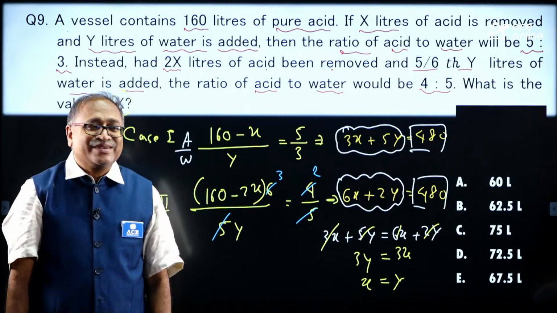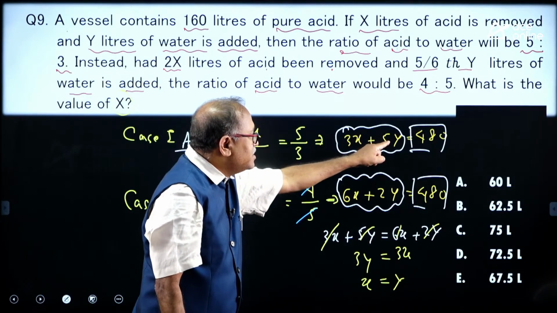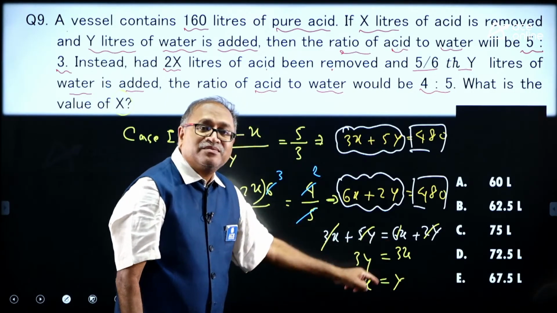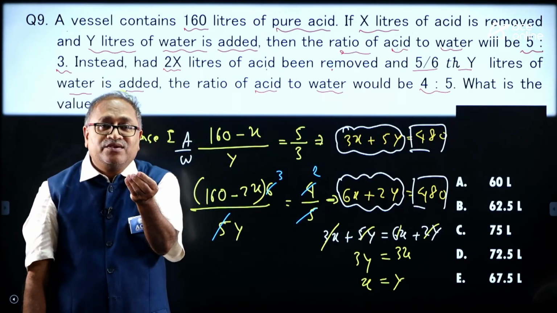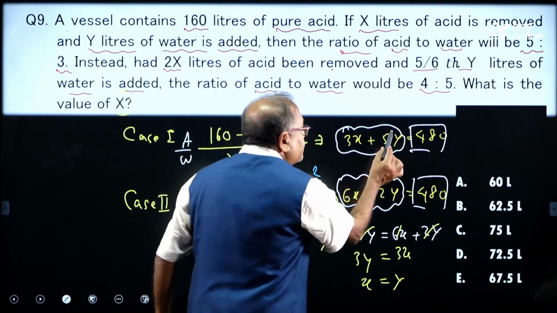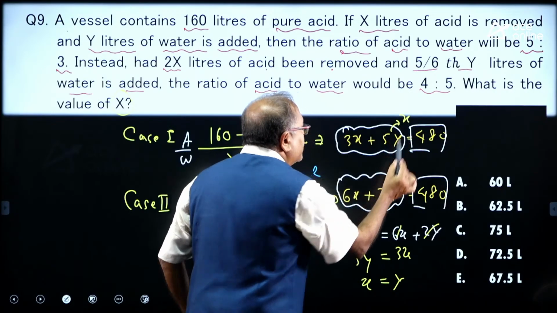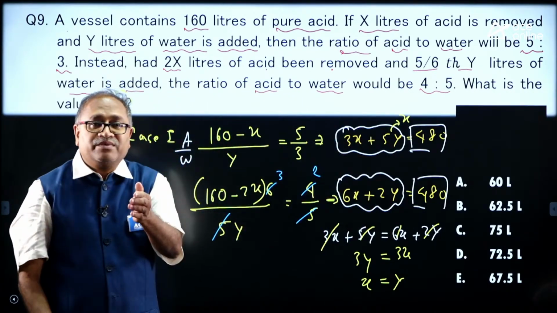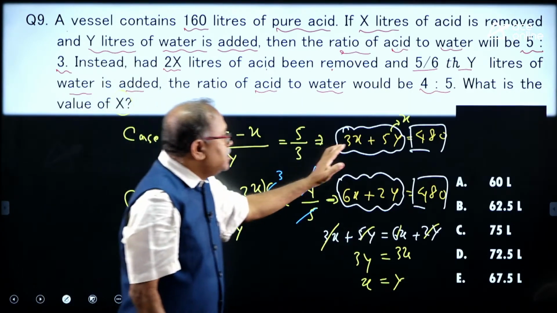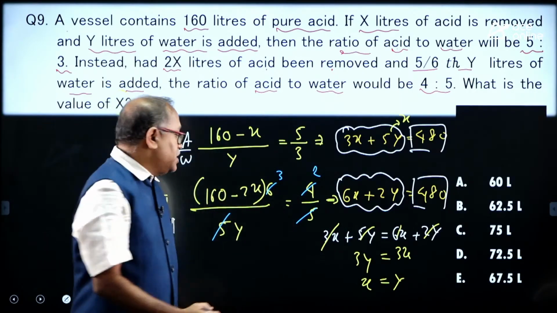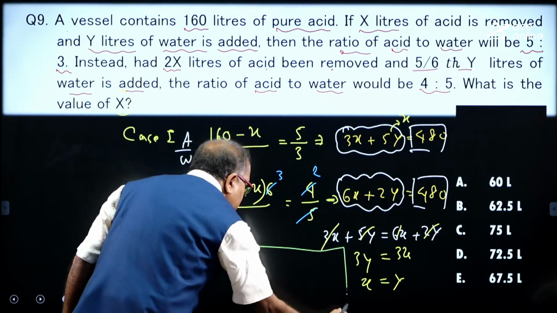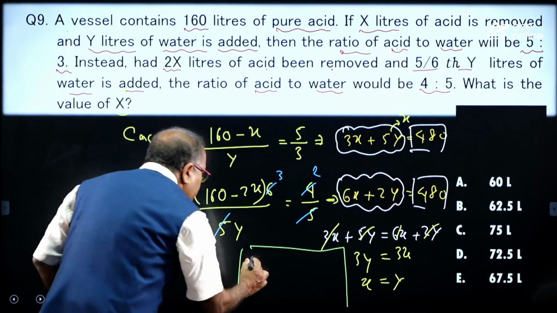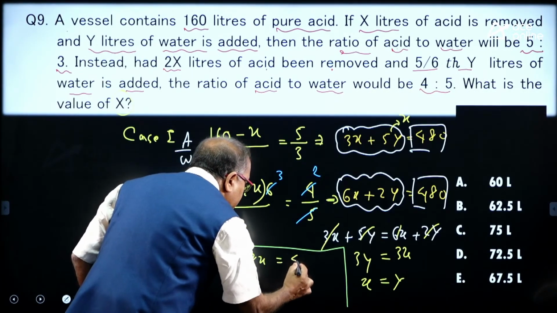What should I do? Replace the y here with x, and you are getting the x value. If I replace this y with x, then what happens? 3x plus 5x, that is 8x, and 8x is equal to 480. I am writing over here 8x is equal to 480.